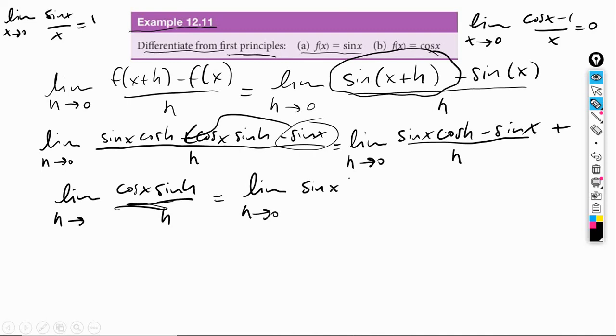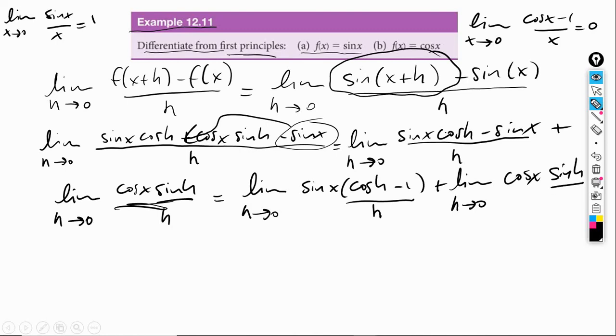Sine of x times cosine of h minus 1 over h, plus the limit as h approaches 0 of cosine of x times sine of h over h. So I'm separating them on purpose so we can see something, because now we can apply the properties that I just wrote above.